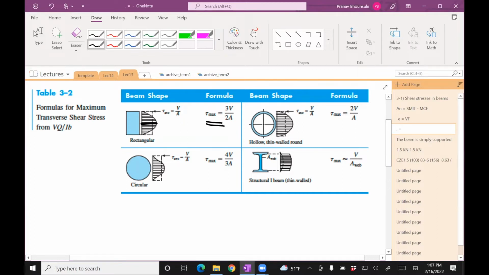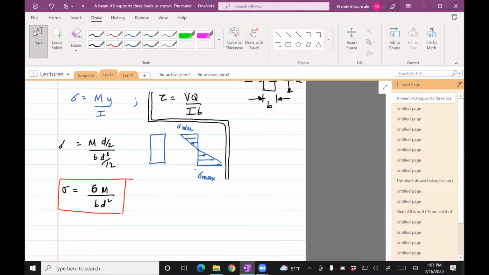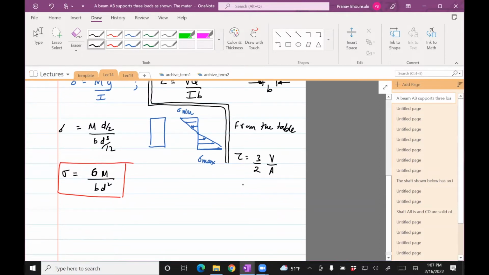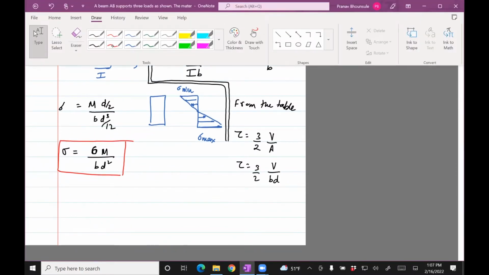So we just use that from the table instead of deriving it. So tau equals 3 divided by 2 times V divided by A, and area is B times D. That's our formula for tau.